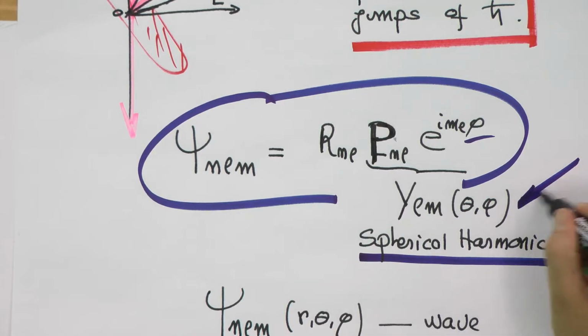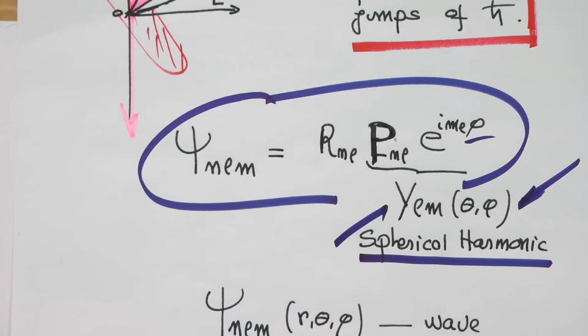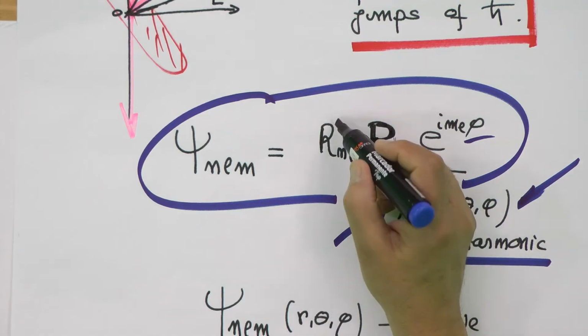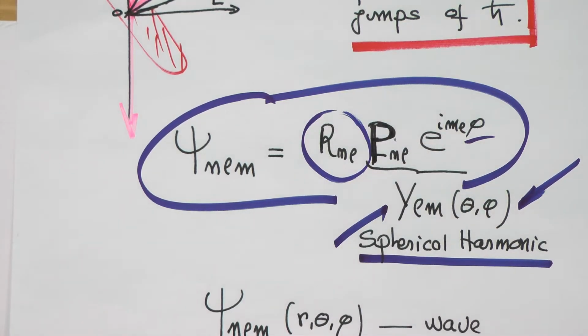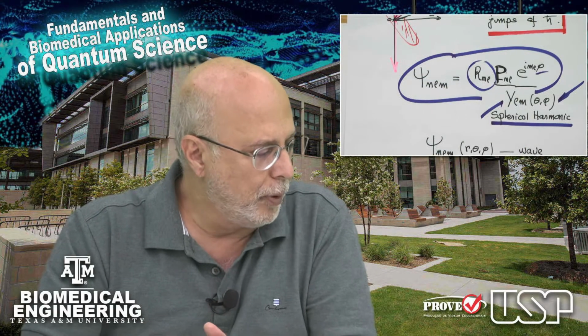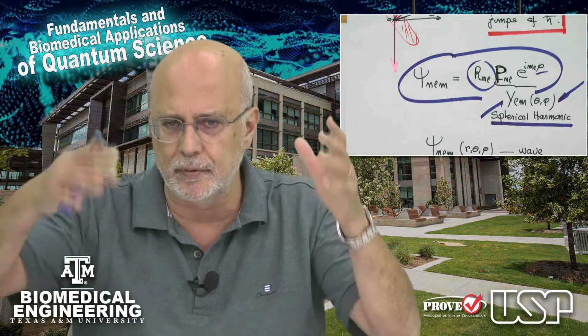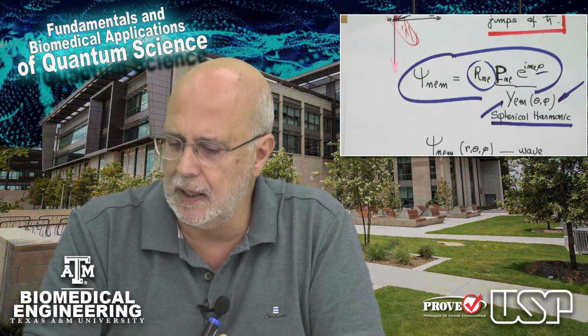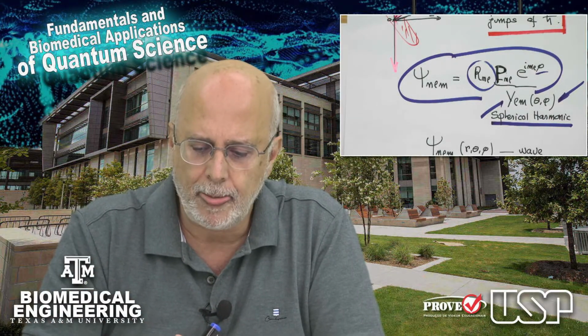Normally we represent this part of the solution by Y_lm(theta, phi). And the radial part will be the Laguerre polynomials, which are polynomials of many orders too. I may show a few for you to see.